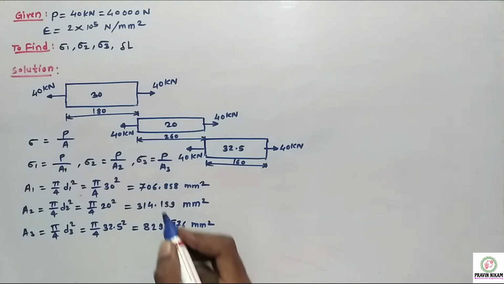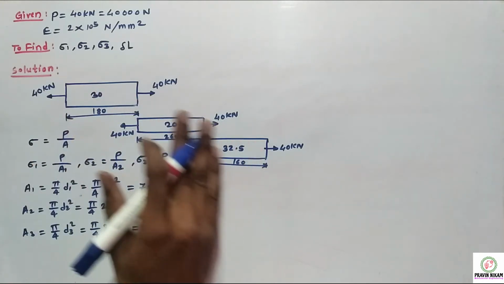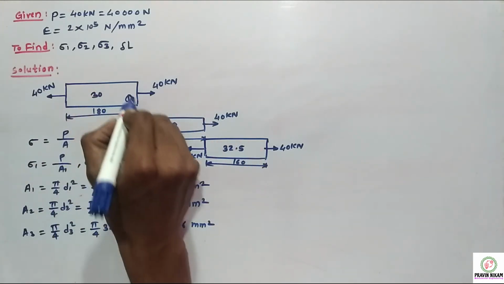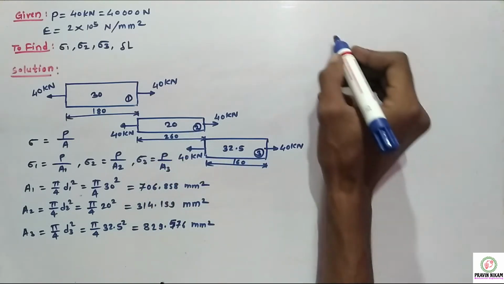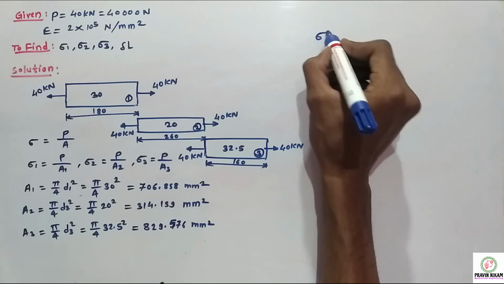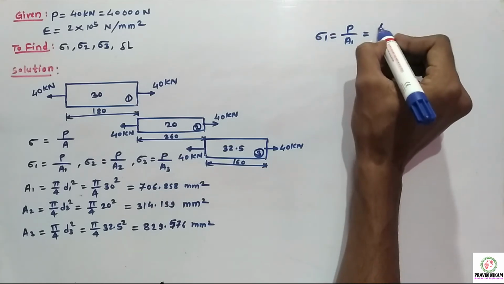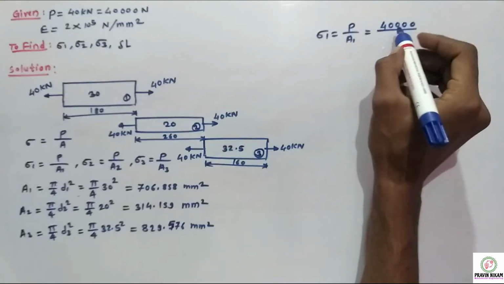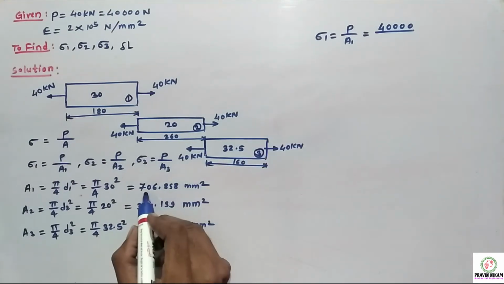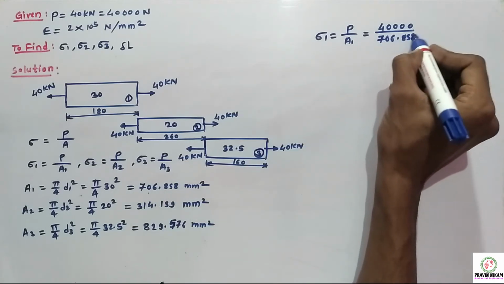Now find out stress in every section. So stress in section 1, stress in section 2 and stress in section 3. For section 1, sigma 1 is equal to P divided by A1. P is 40,000, divided by 706.858.